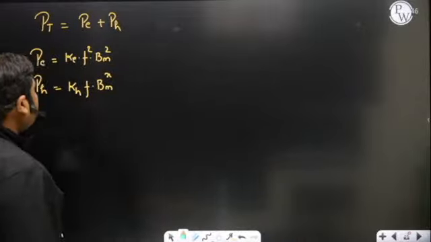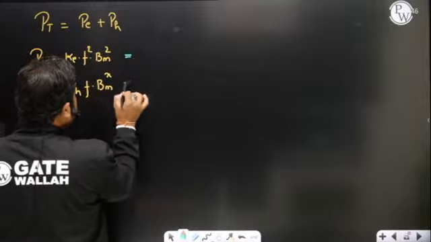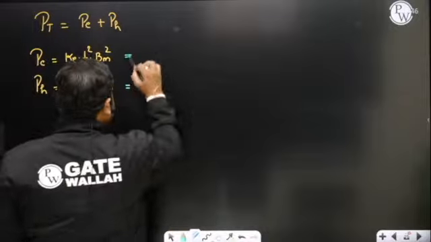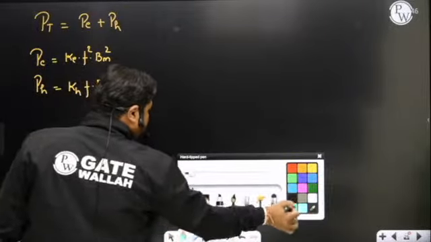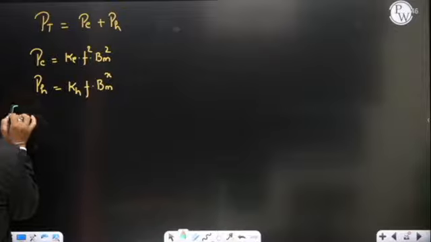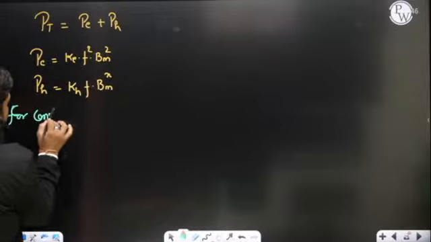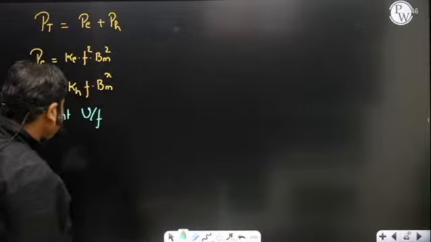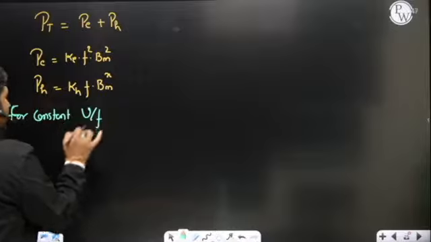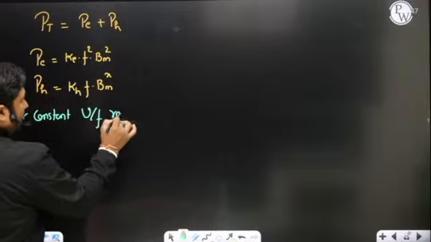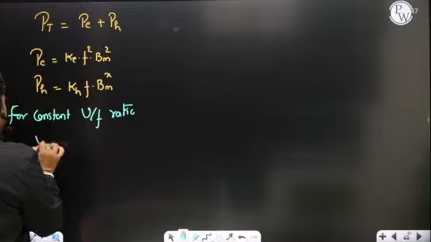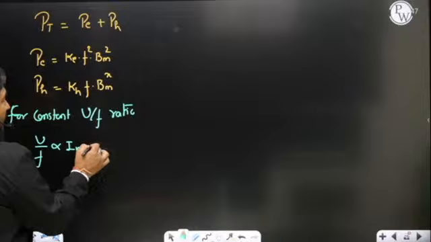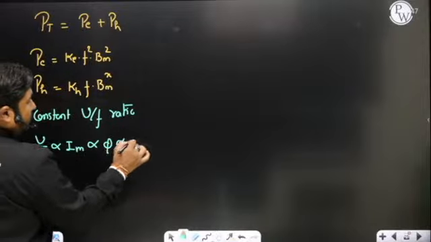So from here you can say, once the transformer is designed, for constant V by F ratio, meaning the applied voltage to its frequency ratio is constant, Im is proportional to V by F, which is proportional to phi, which is proportional to Bm.